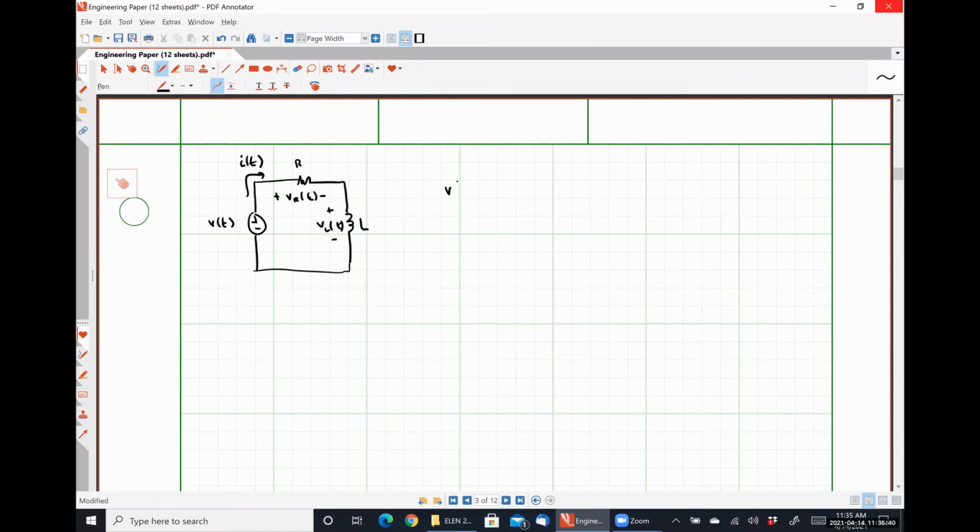I'm going to say that my voltage V of t should be of the form Vm e to the j(omega t plus theta v), where I'm going to set that equal to 0 degrees again. And my expectation is that my current is going to be of the form Im e to the j(omega t plus theta I).